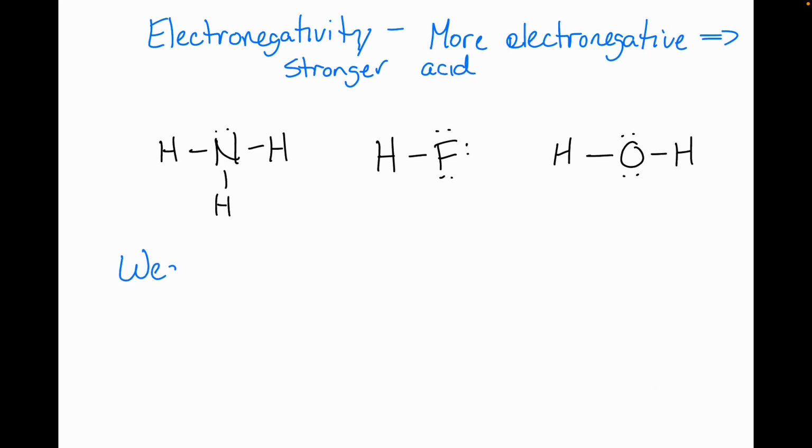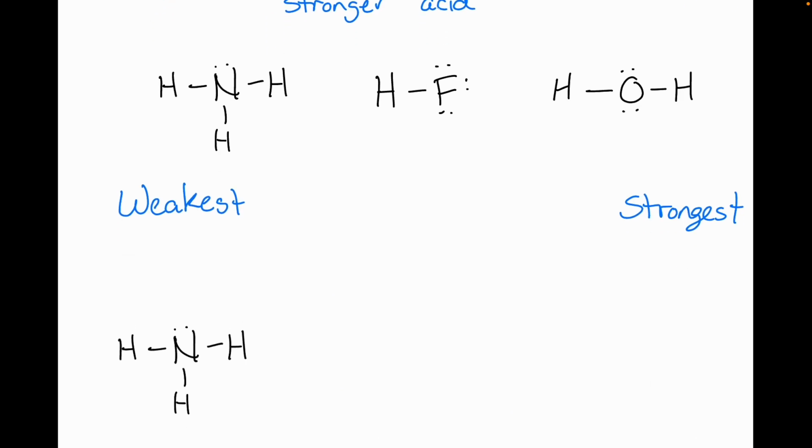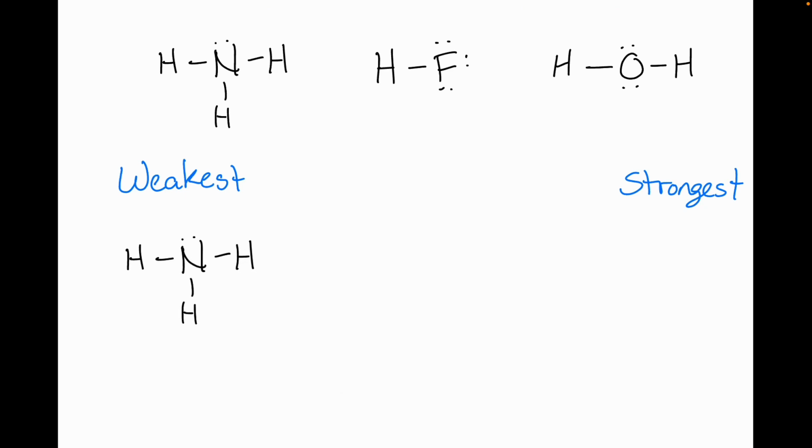So again, if I'm going to rank these from weakest to strongest, which one here is my weakest acid? The nitrogen one, yep, the ammonia, NH3. Okay, followed by water, and then the best acid up there would be hydrofluoric acid.